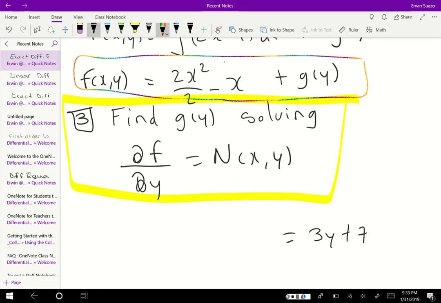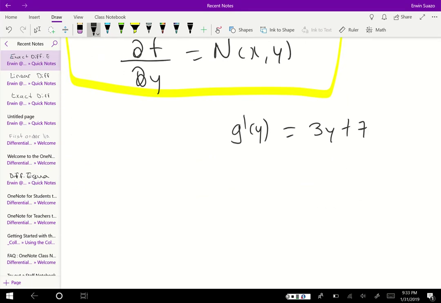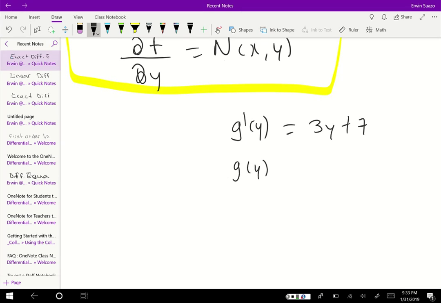So I need to find the derivative of f with respect to y. This part doesn't have any y, so its derivative will be 0. But this one has a derivative, so this will be g prime of y. Therefore, g of y will be 3y squared divided by 2 plus 7y. Okay?